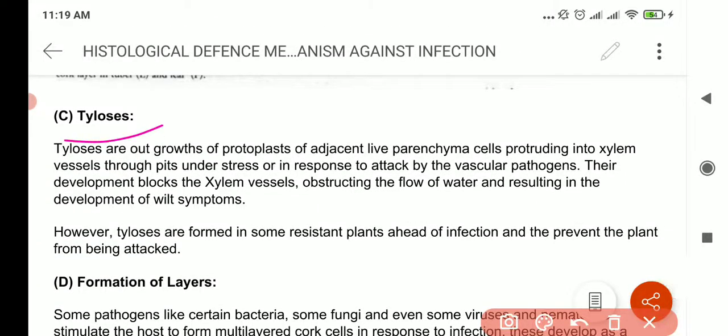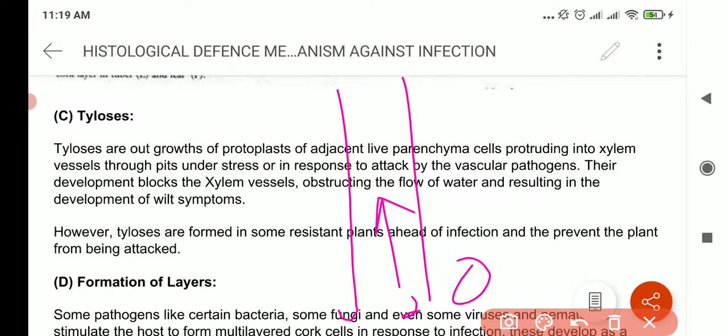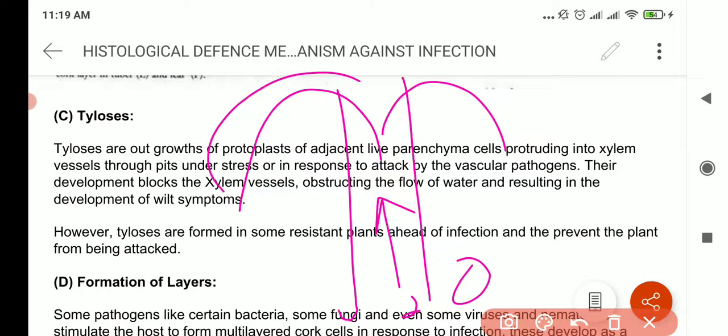Then tyloses, these are outgrowths of protoplasts. They protrude into the xylem and phloem vessels through the pits when they are stressed, so that they block the xylem vessels. Imagine this is a pipe. Suppose the pathogen enters your bloodstream, your whole body will be destroyed, because the arteries go to the heart, the lungs, the stomach.